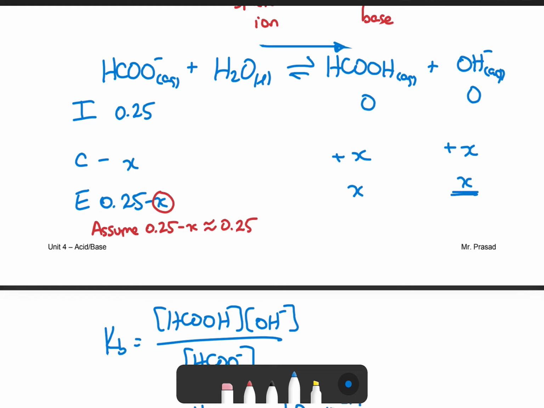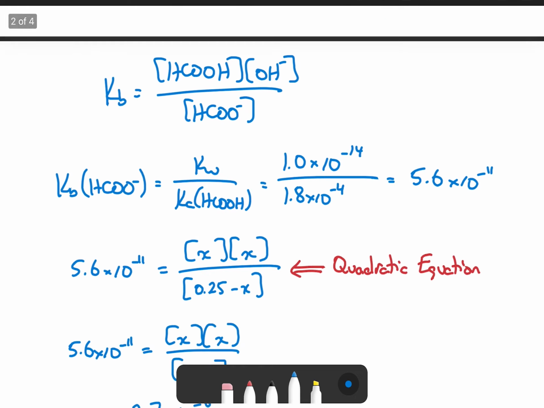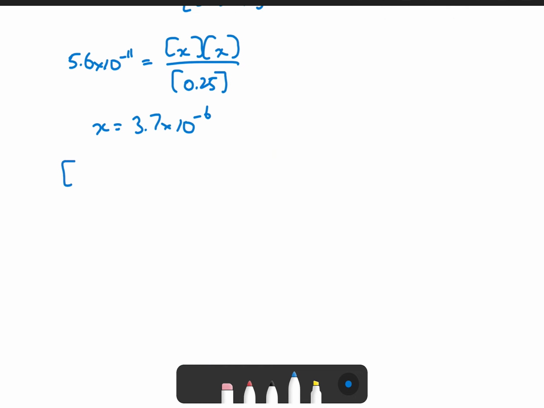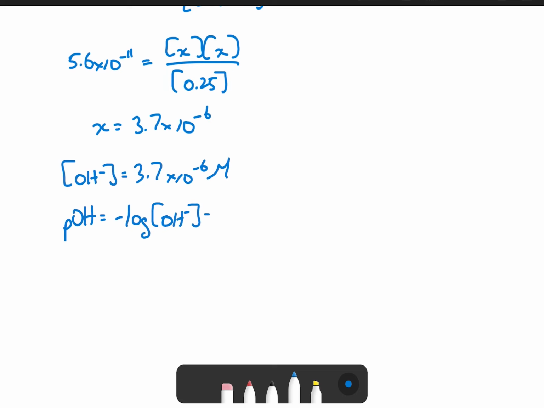Going back to our ice table, we've now solved for x, and x is equal to the molarity of the hydroxide anion. So the molarity of OH minus is equal to 3.7 times 10 to the negative 6 molar. We can solve for the pOH, which is equal to negative log of the hydroxide anion concentration.